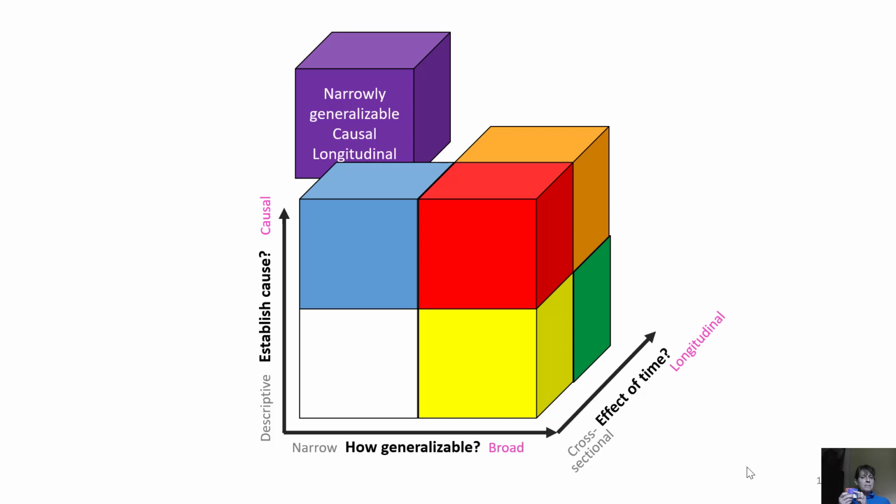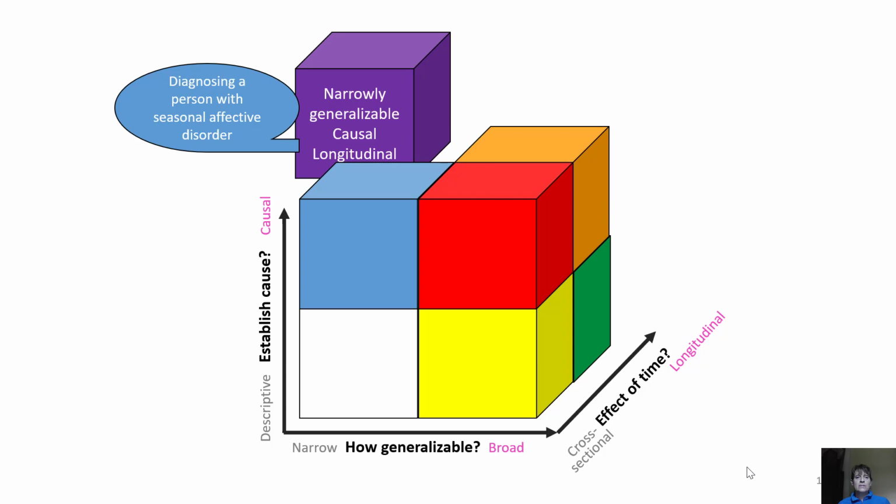The purple cell back here, that is narrowly generalizable, causal, and longitudinal. So, for example, diagnosing a person with seasonal affective disorder, right? So causal and longitudinal, we would need for it to be longitudinal because for seasonal affective disorder to occur, a person has to experience a change of seasons. And our rotation around the sun determines how that goes.